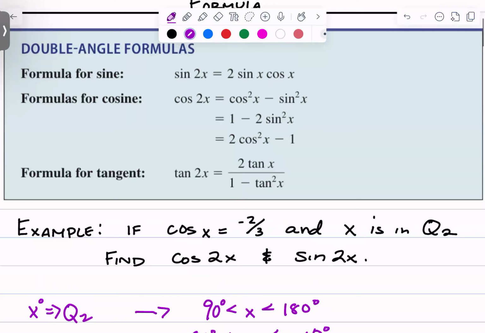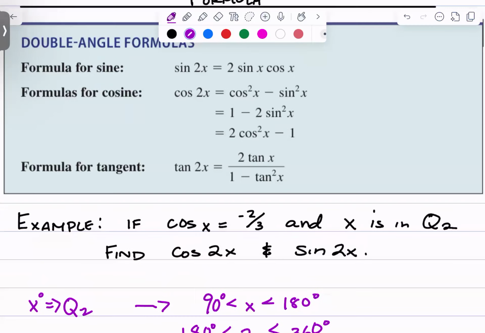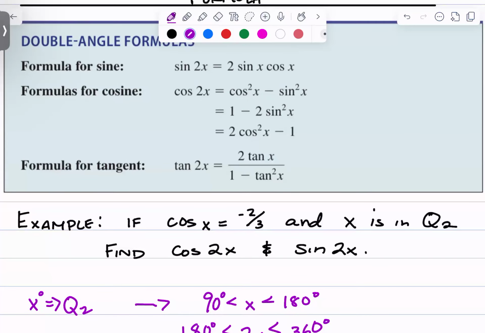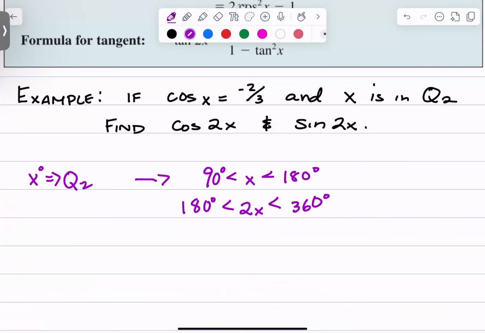So if you look up here, I'm going to first get the sine of 2x, where sine of 2x is equal to 2 sine of x times cosine of x.